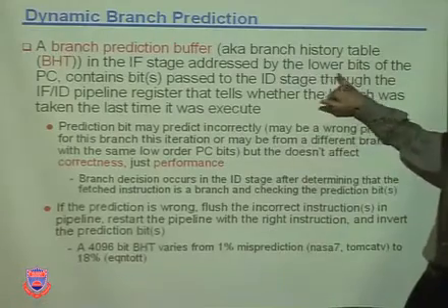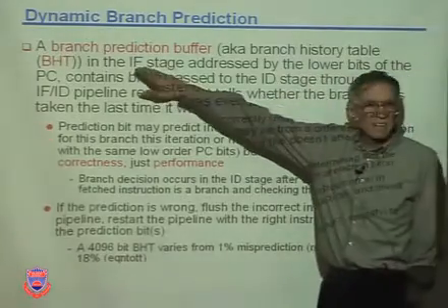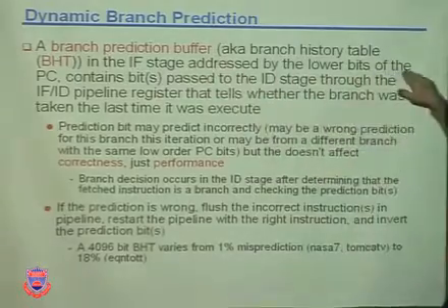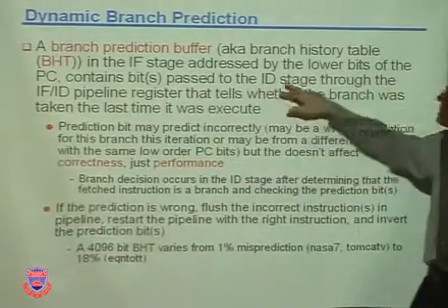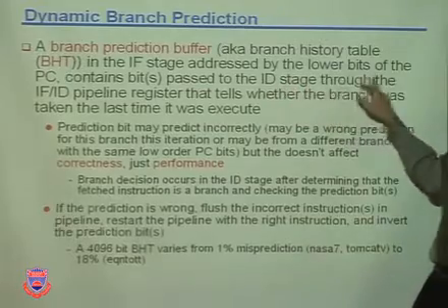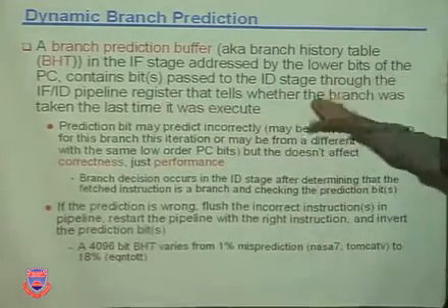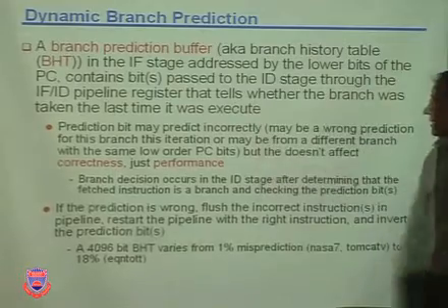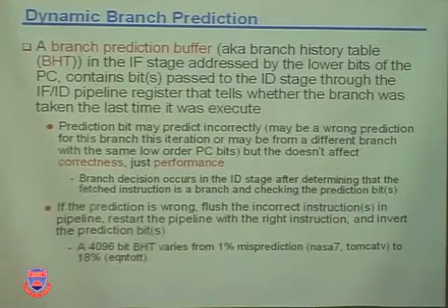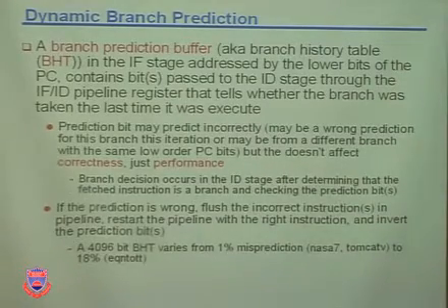Anyway, what we're going to do is address this buffer with the lower bits of the PC, and it's going to contain bits that are passed to the ID stage through the pipeline register. It's going to tell whether the branch was taken last time or not that we executed it. Now, this branch history table helps our prediction accuracy.